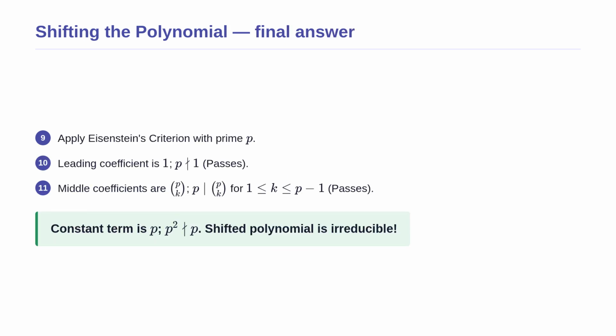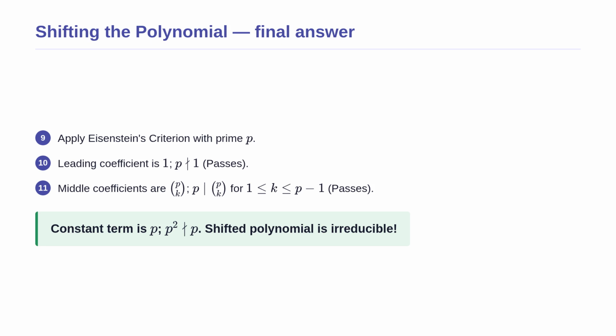Now we apply Eisenstein's criterion to this new polynomial using the prime p. We check the first condition. The leading coefficient is 1 and p does not divide 1, so it passes. Next, the middle coefficients are all binomial coefficients. A known property of prime numbers is that a prime p always perfectly divides the binomial coefficient p choose k, as long as k is between 1 and p minus 1.